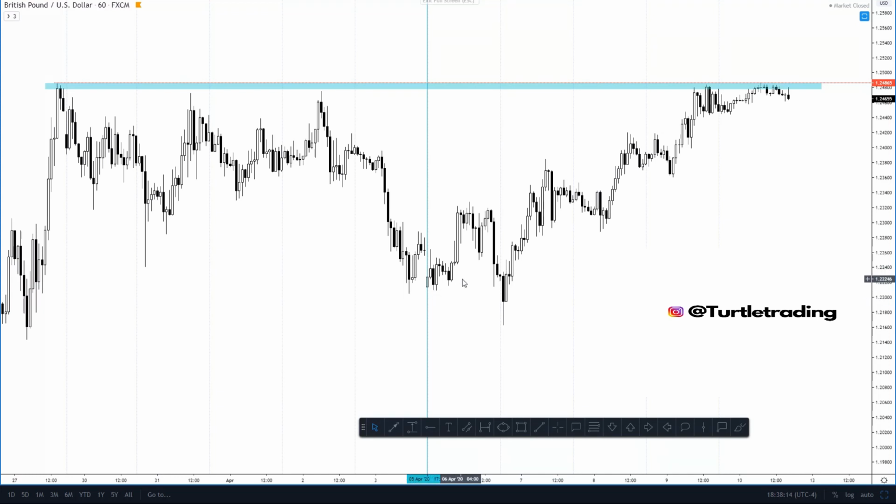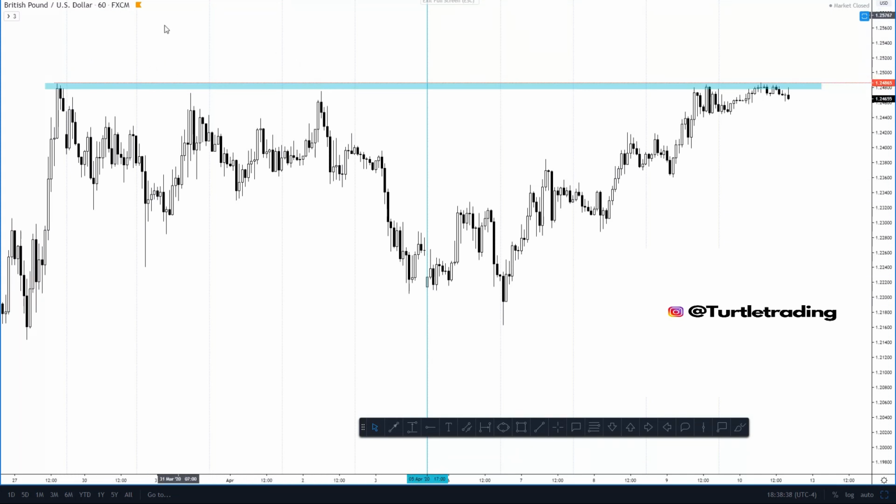Interestingly enough, we had GBPUSD at this point, and the market was relatively weak. It ran up and we formed a lower high, and the price ended up dropping lower. The reason I find this area interesting is because there's a lot of liquidity in this area.